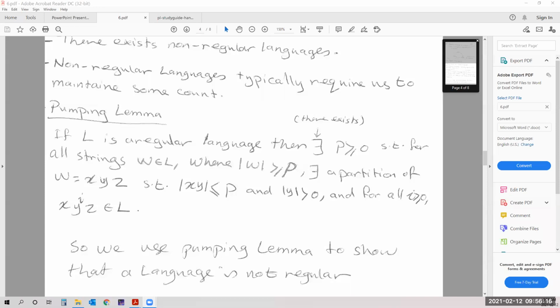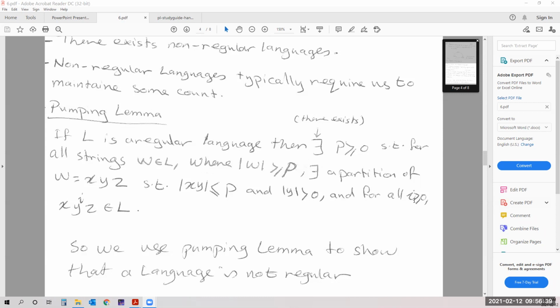But you have to fulfill the condition that the length of xy is less or equal to p, and the length of y itself is greater than 0. So y, the middle string, shouldn't be empty or epsilon. It should be at least 1. You see here we don't have equal.